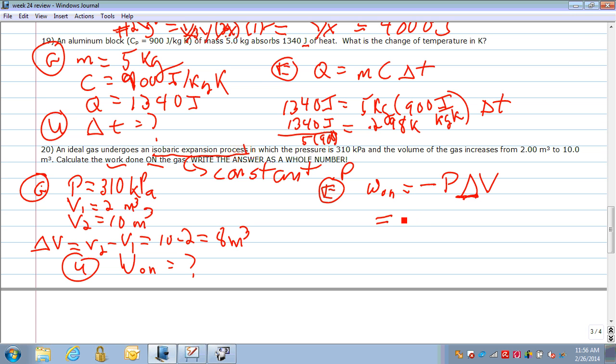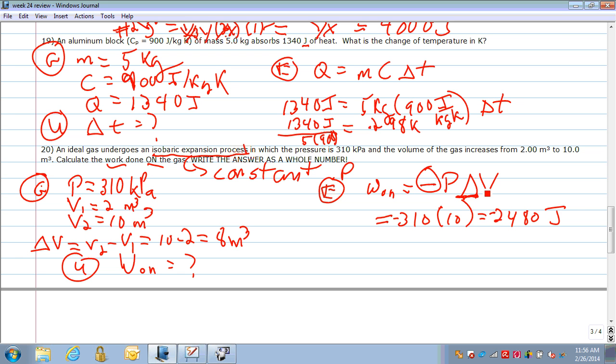You're just going to multiply 310 times your change in volume, and this is going to be negative. Don't forget your negative sign, which gives negative 2,480. Okay, and that's work, so this is in joules, but it's negative.